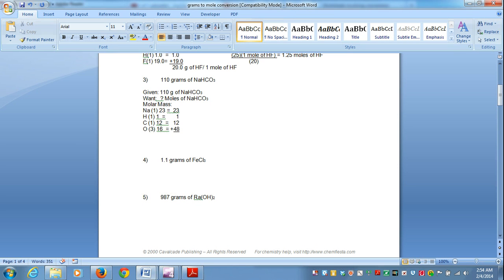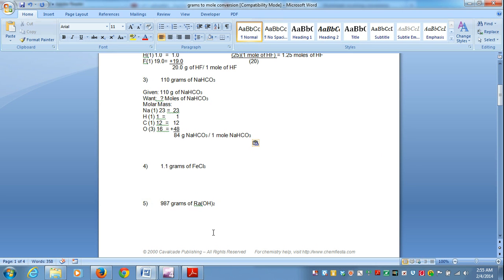Let me double check. 23 plus 1 plus 12 plus 48. Sorry guys, I got 84. So our molar mass would be 84 grams of sodium bicarbonate per 1 mole of sodium bicarbonate.